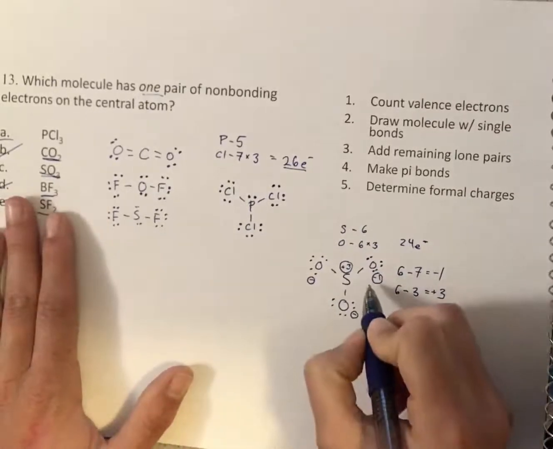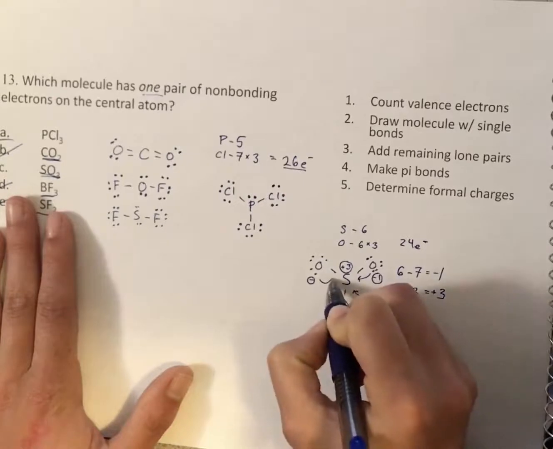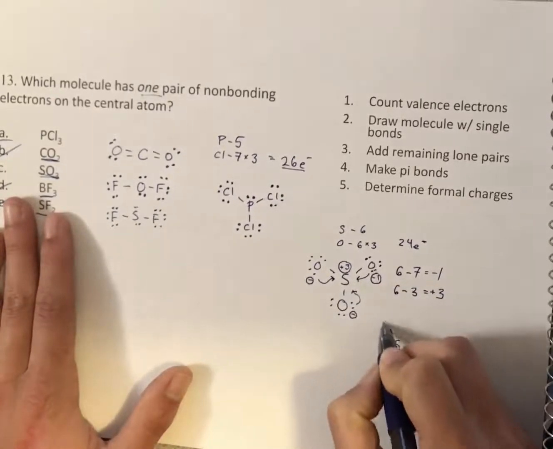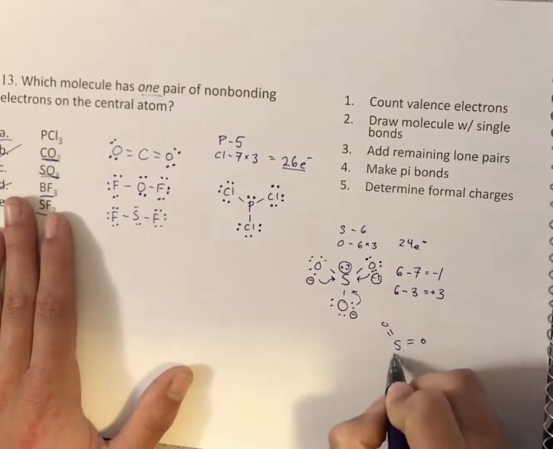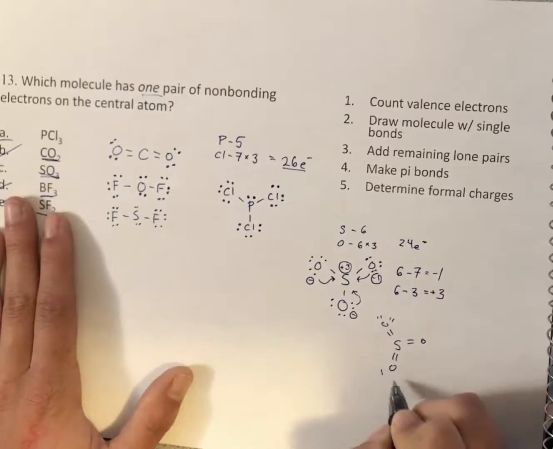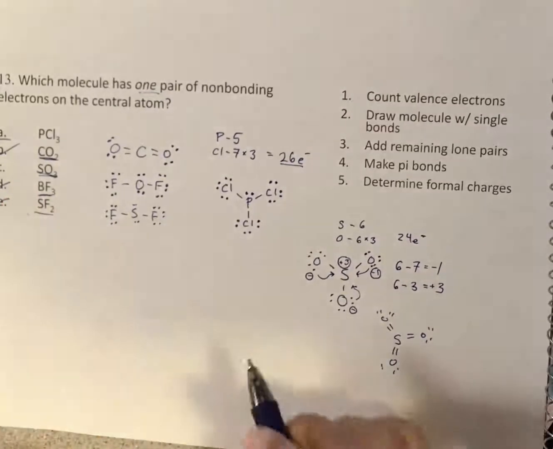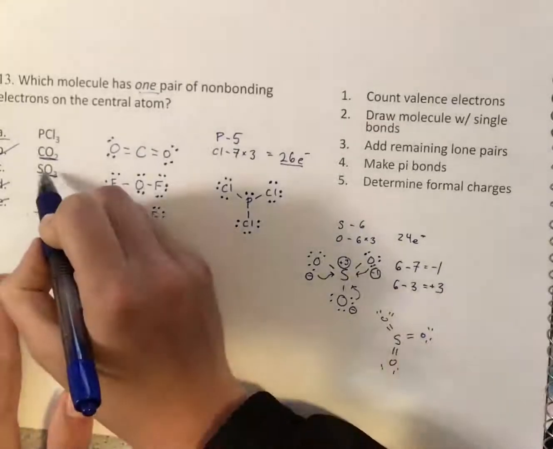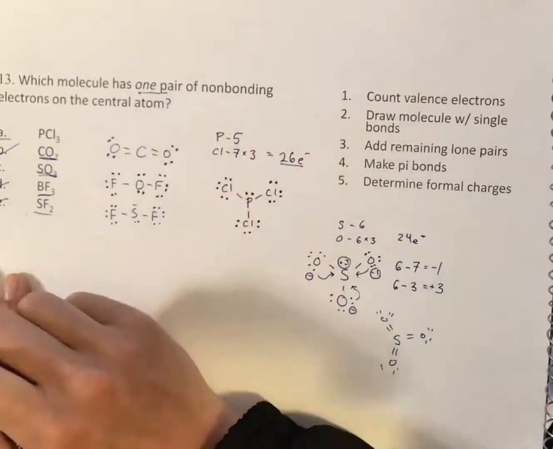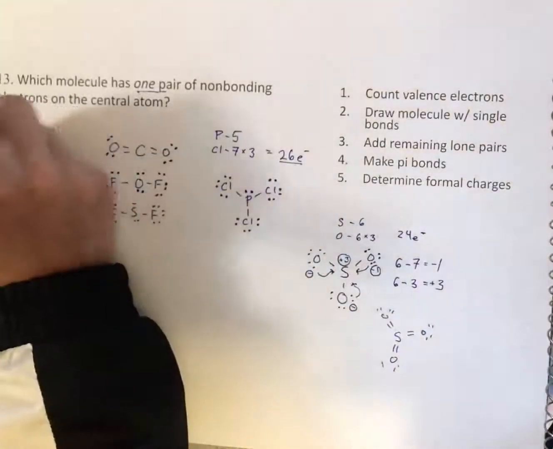So how that's going to work is all of these oxygens are going to share with the sulfur, and we're going to end up with double bonds. And then that makes this answer choice wrong because we don't have one pair of non-bonding electrons. So the answer by default has to be A.